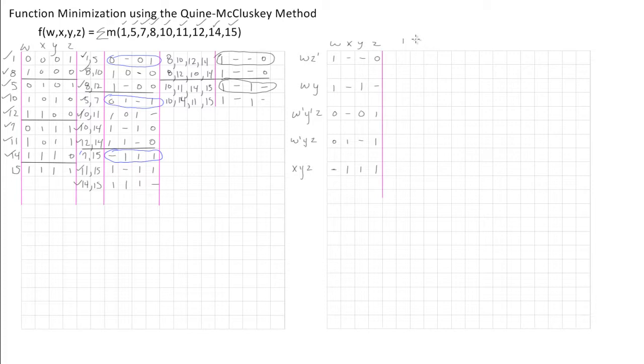So 1, we got the 5, 7, 8, 10. I like to have a space in between them, but I don't think I have enough room. I'll do it anyway.